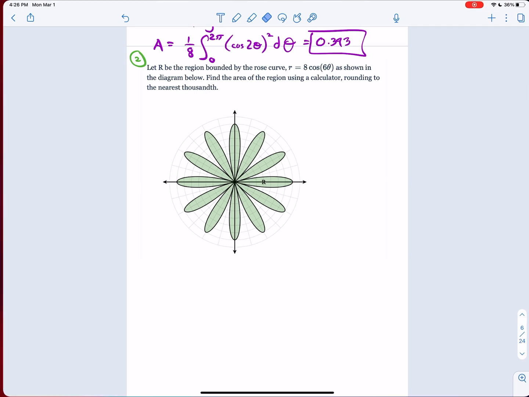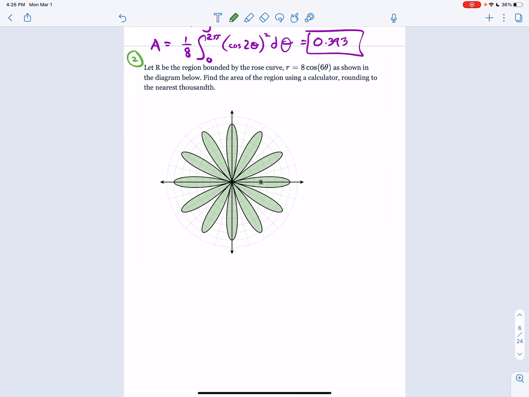So here we go. Try this on your own. Press play when you're ready. All right, here we go. A equals 1/2. Okay, so bounds. Are we going from 0 to pi or 0 to 2 pi?